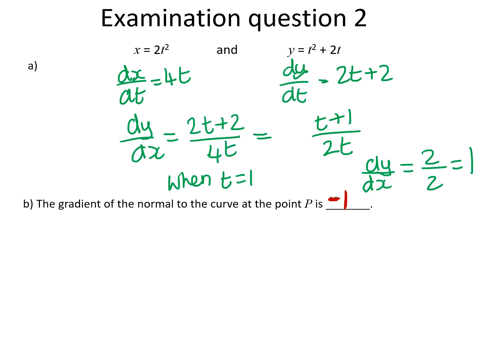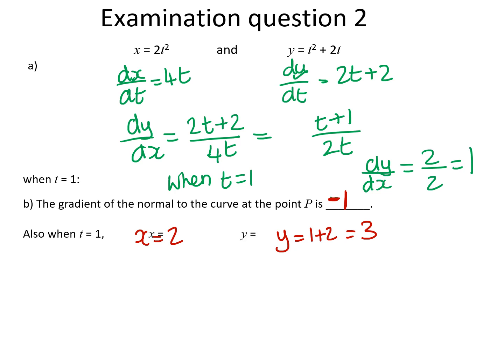I also know that when t is 1, x will be 2 times 1 squared, which is 2, and y will be 1 squared plus 2, which is 3.